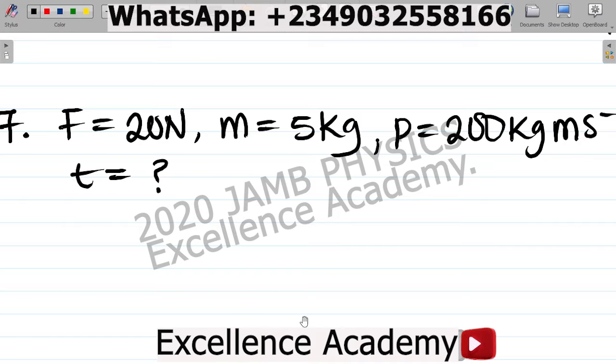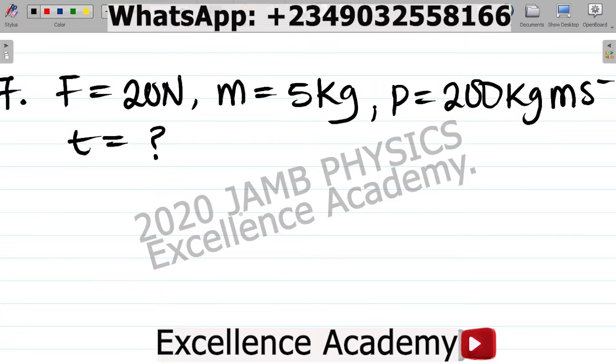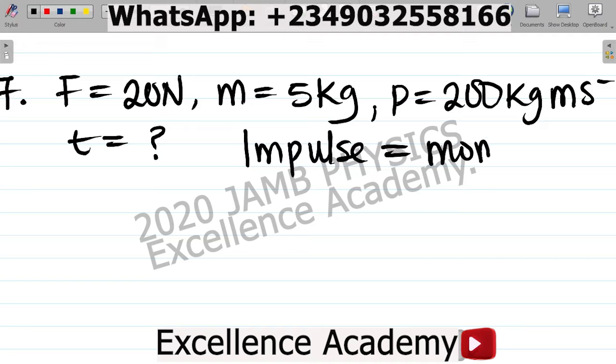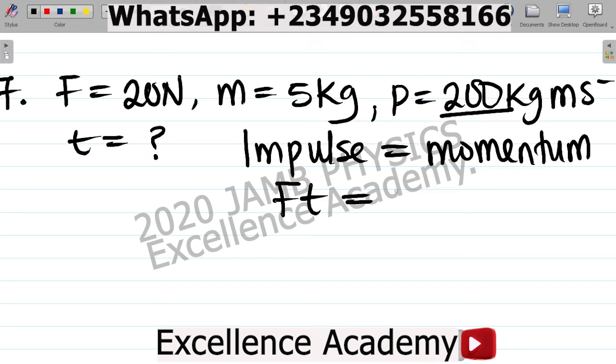For this question, you want to note that there is a relation between force, time, and momentum. The relationship is that impulse is equal to momentum, and this is true because they have the same unit. Impulse, as we know it, is force times time, which is equal to momentum. Momentum is already given as 200, and the force is 20.